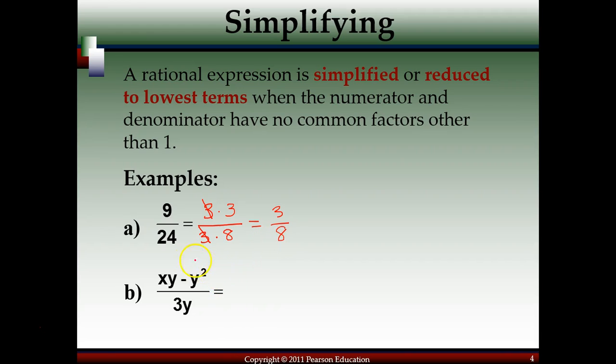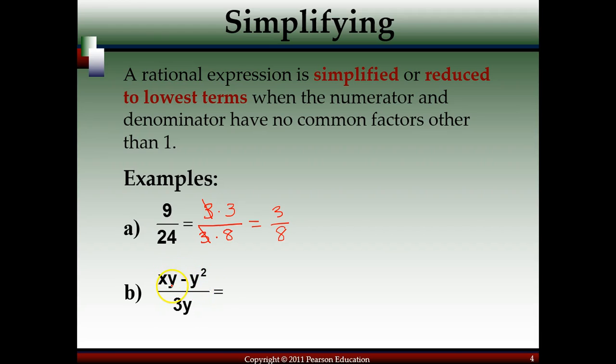And that's exactly how we're going to do the rest of our rational expressions. We're going to break it out into its factors and cancel the factors that are in common with the numerator and the denominator. So the numerator on this expression, we can factor out a y.